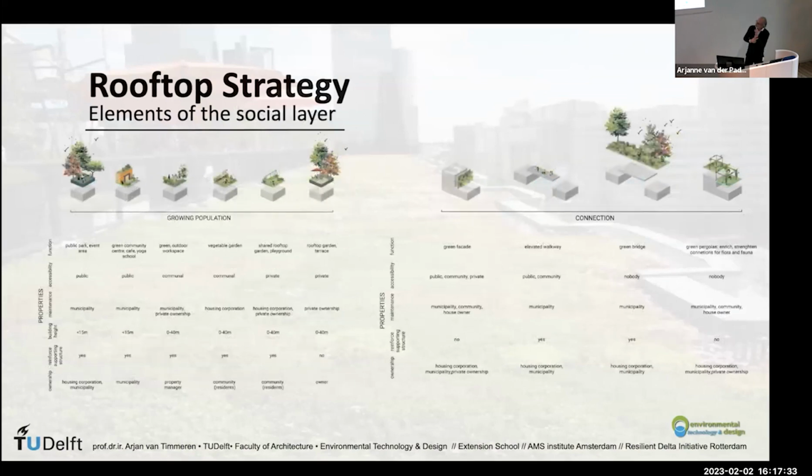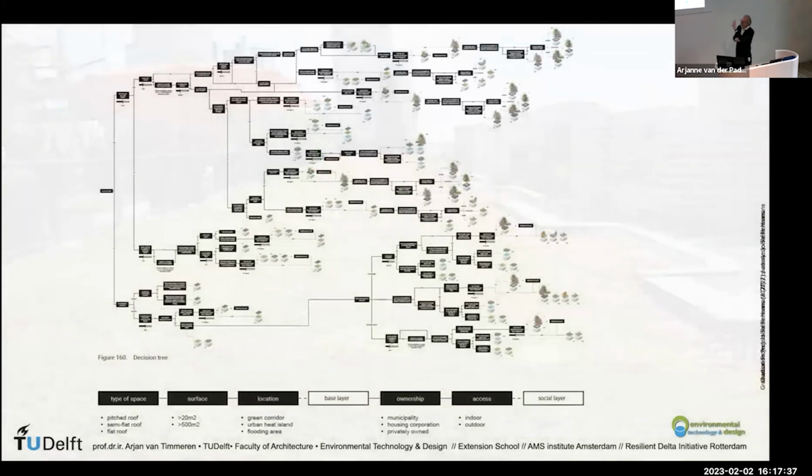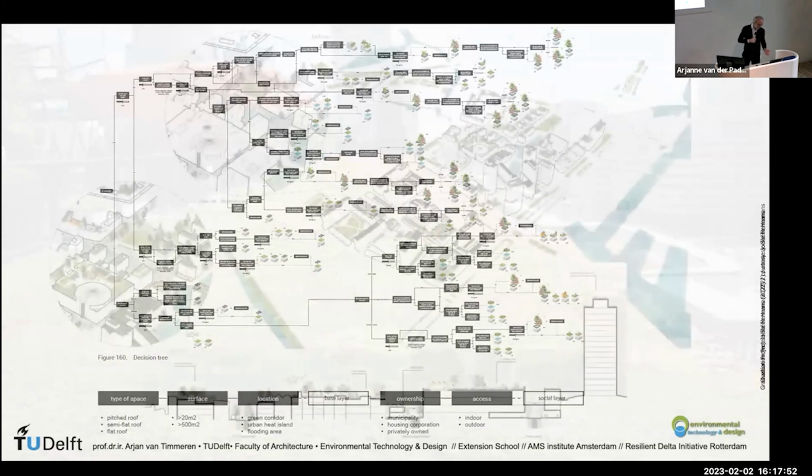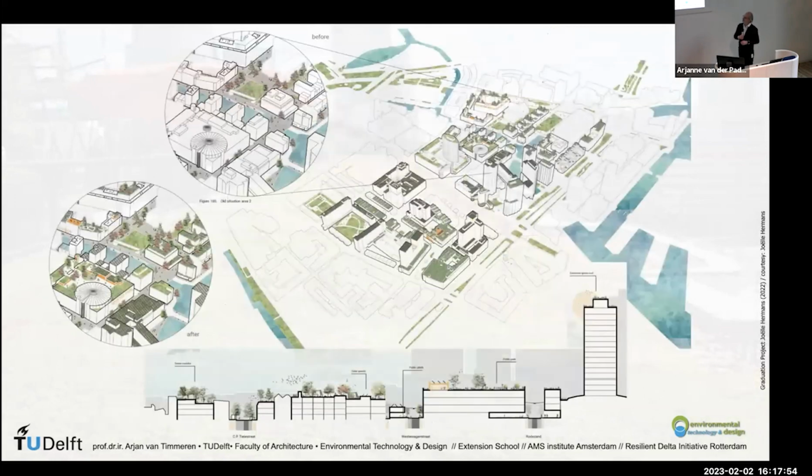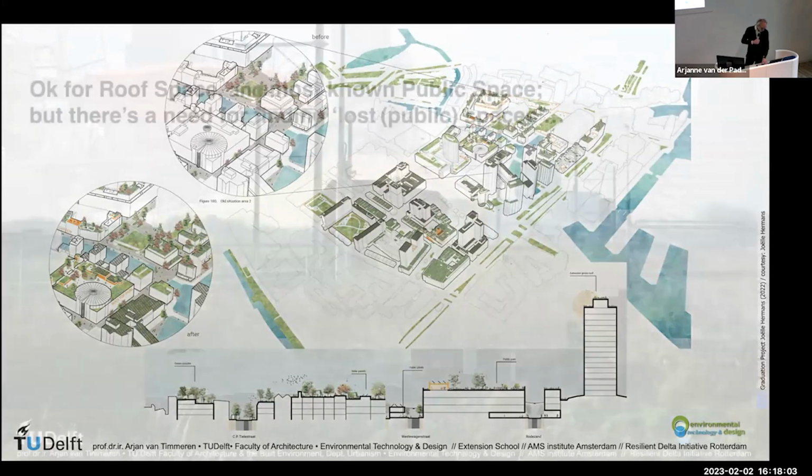So all kinds of elements which you put together based on a decision scheme, and I'm going to run you through it. For each place, you can see the type of space, the service, the location, quality of the building, ownership, access, and social aspects. What could lead to which kind of roof typology, which in the end would define the opportunities for nature to be included in those areas. And so you have the before and the after. I think this was a very valuable study.